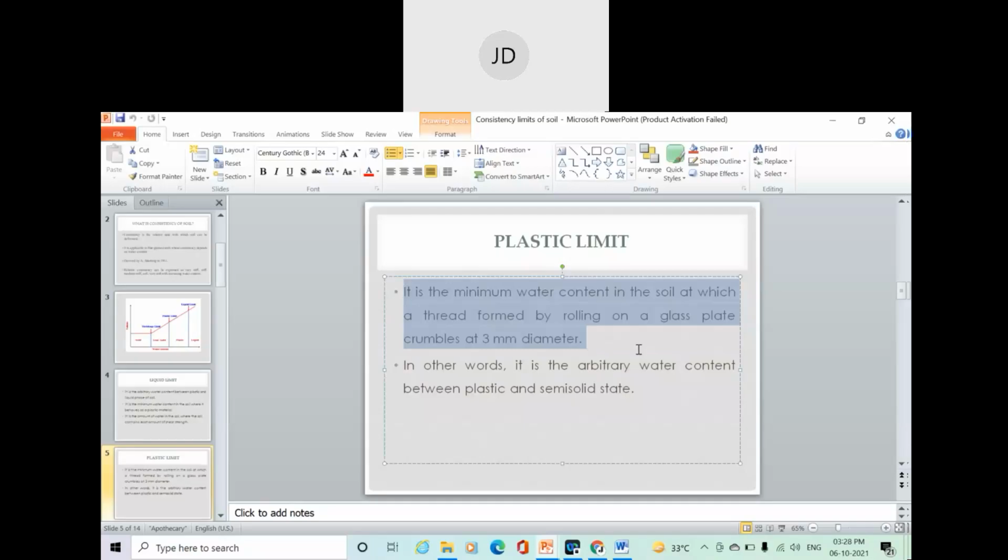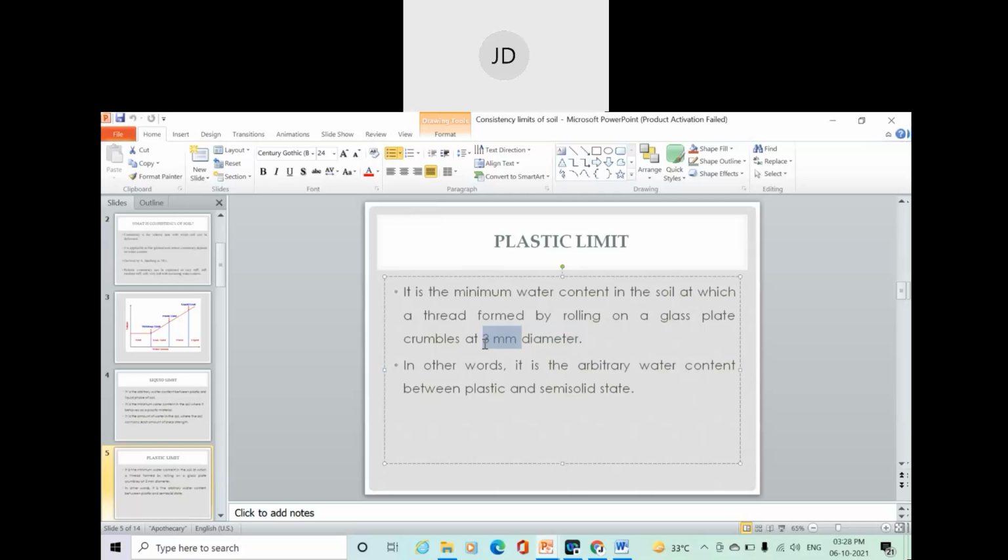You first have to take some dry soil finer than 425 micron sieve. Then add some water, make a paste, and take 10 grams of soil in your hand, make a roll, then using a glass plate try to make a thread of 3 millimeter.